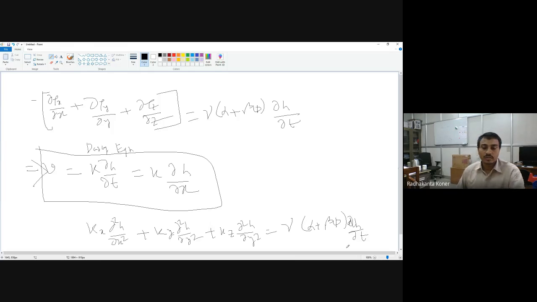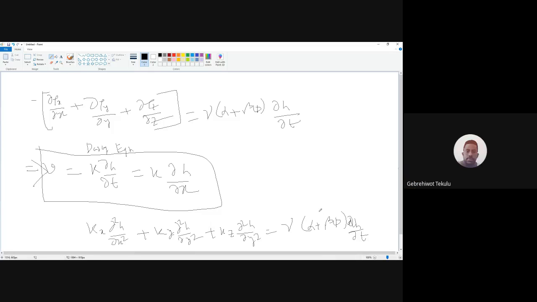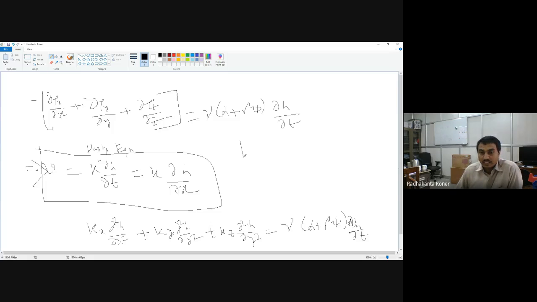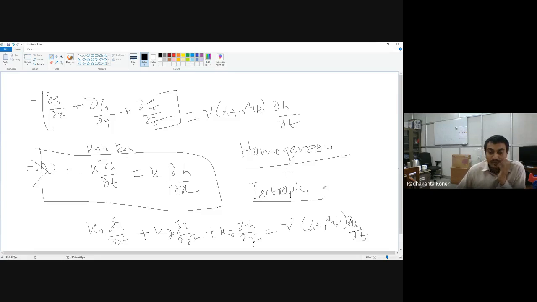So if you can understand that it is homogeneous and isotropic, what will happen?